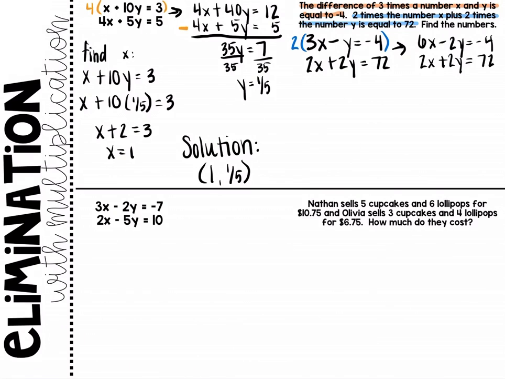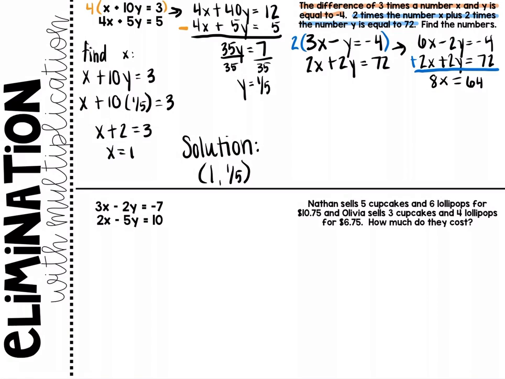Now, remember, if they're the opposite sign, we have to add. So we're going to add our systems. So 6x plus 2x is 8x, -2y plus 2y is 0, and -4 plus 72 is 60.